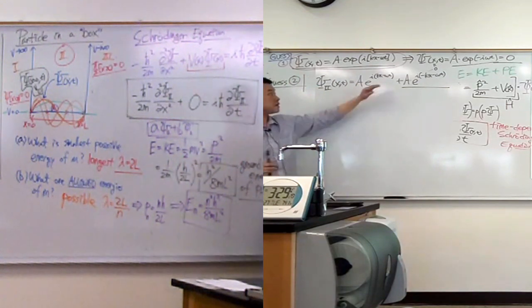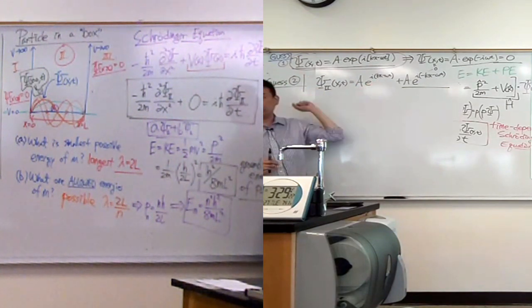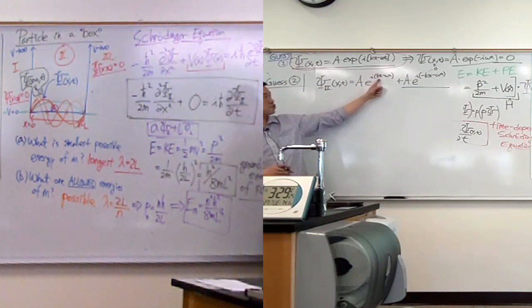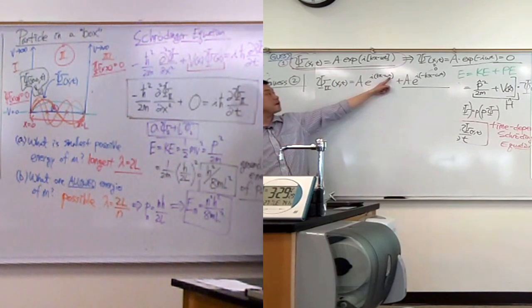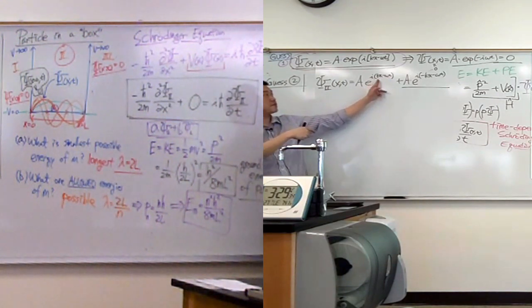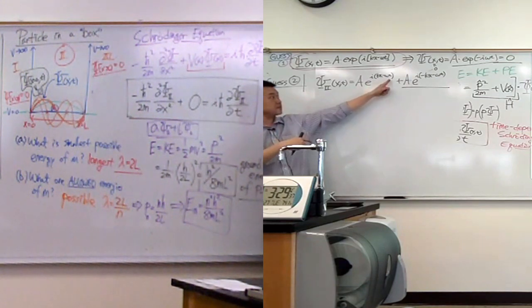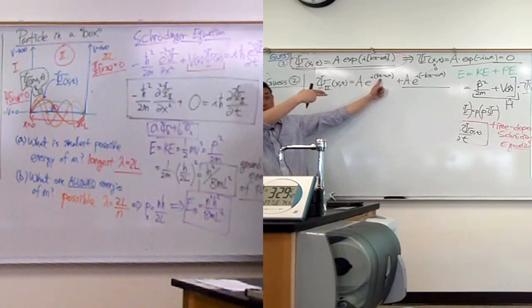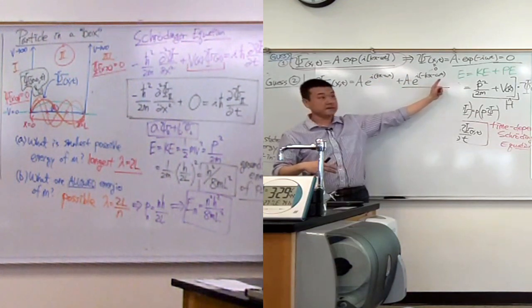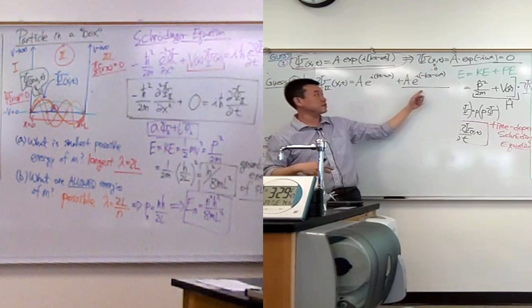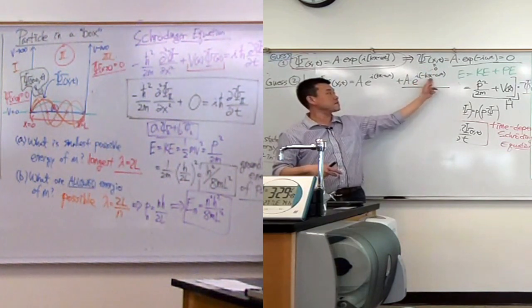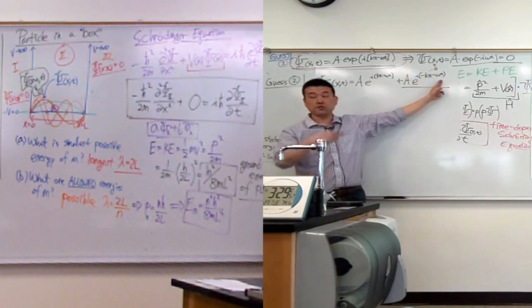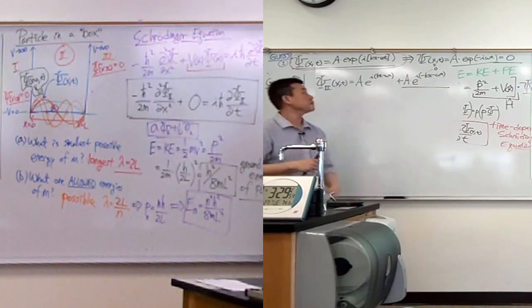The way you see that this wave is traveling to the right is to imagine what you need to do to x so that as t increases, as time passes, you keep up with the same point on the wave. As t increases, x has to increase with it to stay on the same point on the wave. Here, you have to do the opposite. As t increases, x has to decrease so that this phase doesn't change, meaning you are on the same point on the wave. Yeah?